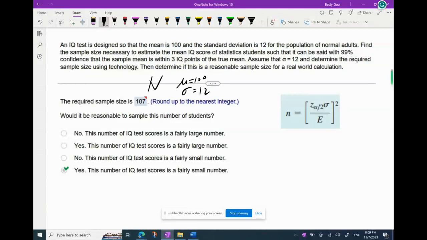Find the sample size necessary to estimate the mean IQ score of statistics students such that it can be set with, okay, so this is a confidence interval question. We're looking for the sample size necessary to estimate the mean.